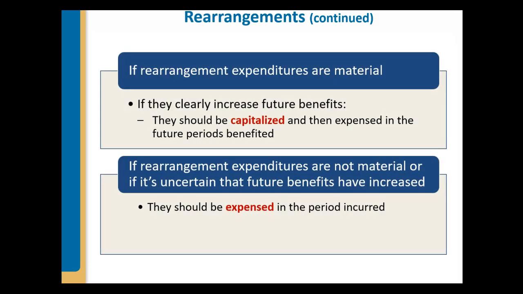If these expenditures are material and they clearly increase future benefits, then they should be capitalized and expensed in future periods that are benefited. If the expenditures are not material or if it's not certain that future benefits have increased, then they should be expensed in the period in which they were incurred.